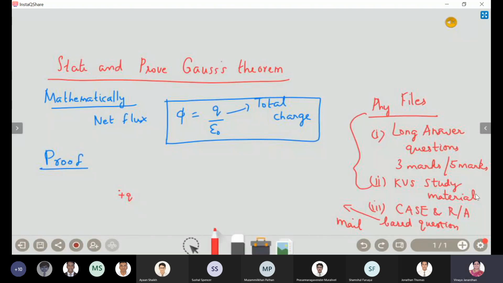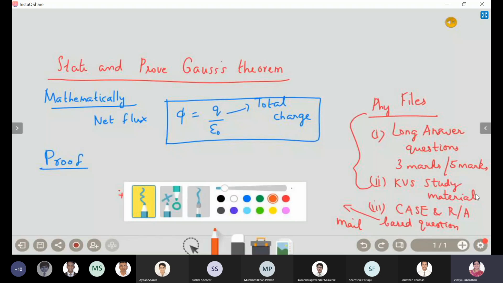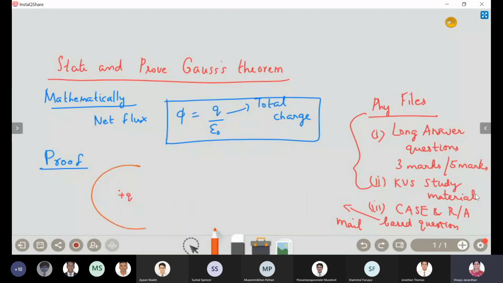So now that sphere becomes your Gaussian surface. This sphere S becomes your Gaussian surface.